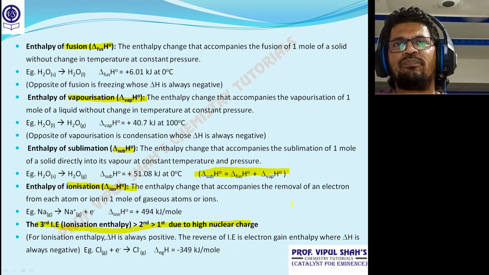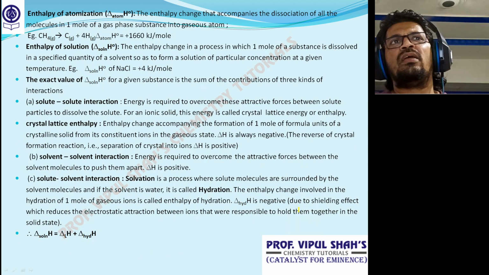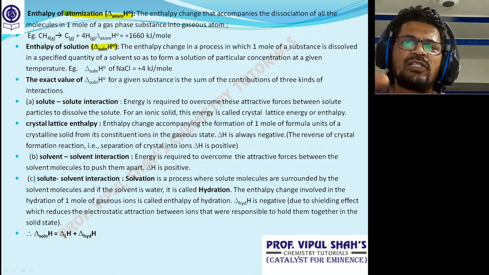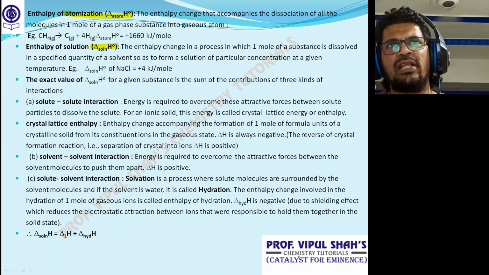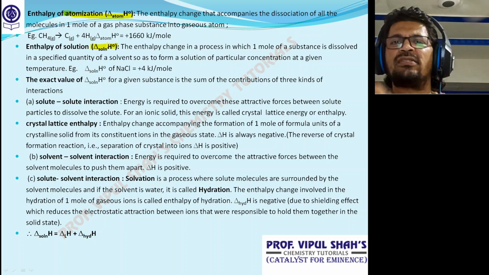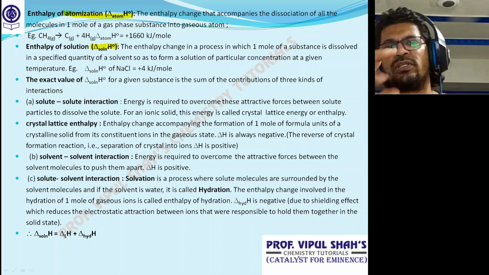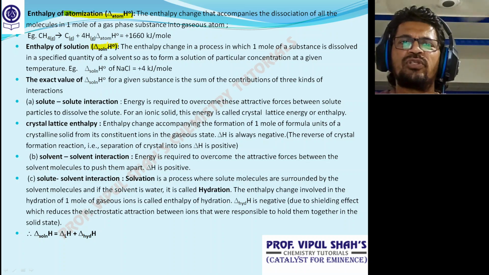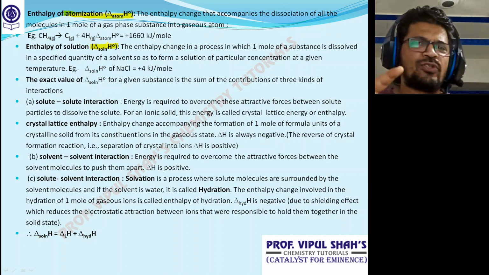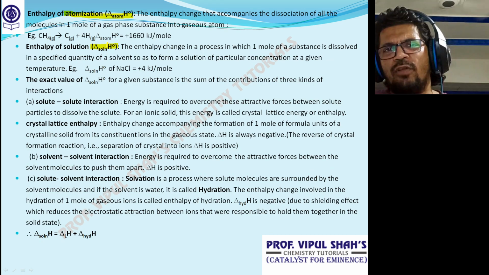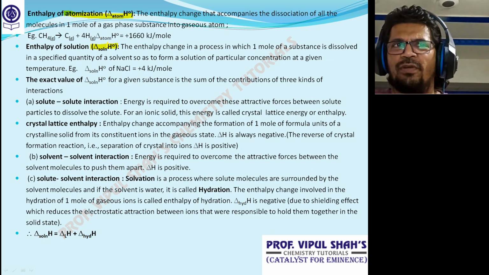Then next we have enthalpy of atomization, that is to break down to form its free atoms. Next we have enthalpy of solution. Enthalpy of solution is when a substance is dissolved in a specific amount of a solvent. Is this clear? The amount of heat that is exchanged when a solute is dissolved in a solvent is called enthalpy of solution. That depends upon three forces: solute-solute, solvent-solvent, and solute-solvent interaction.